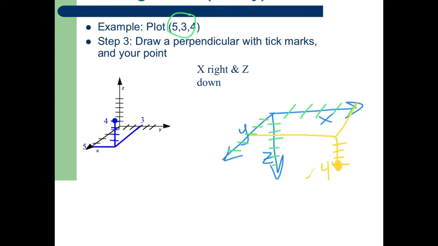And I will write a 4, right? And so this is actually the point. Let's erase that thing that makes it look like it says -4. There we go. And so again, we have the point 5, 3, 4. And once you get used to these images, you can see I'm defining the ground plane, right? So here's the bit on the ground, and then we stick down an additional 4 from there.